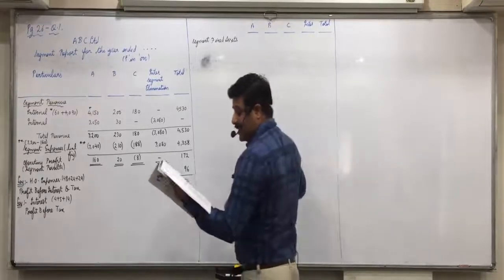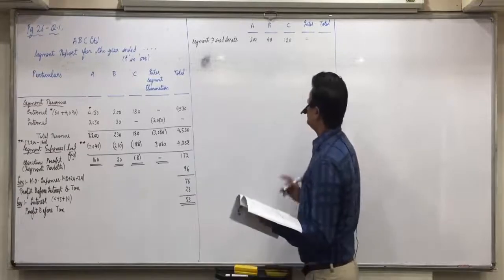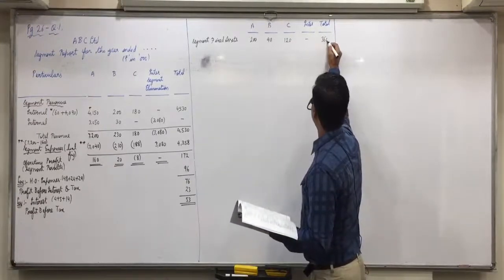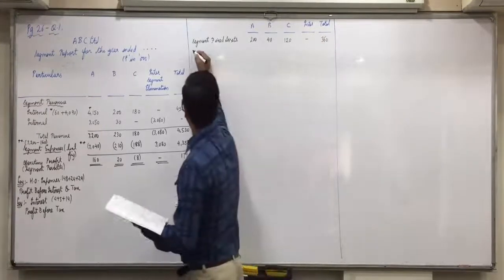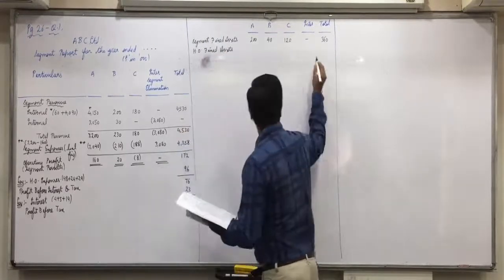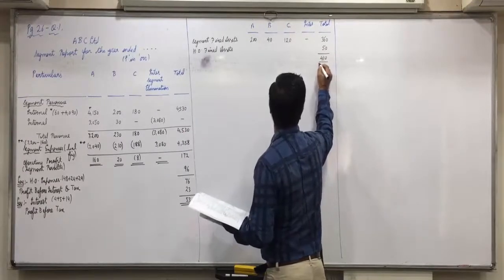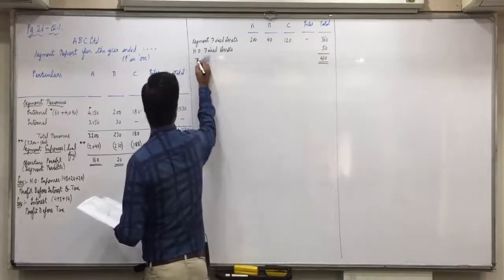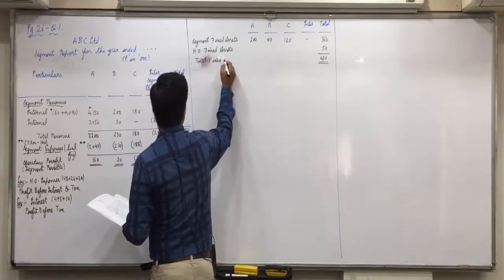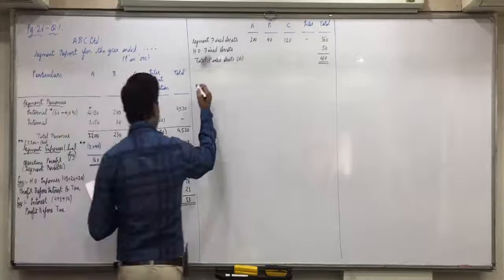What are the segment fixed assets? 200, 40, 120, 200 plus 40, 240 plus 120, 360. And head office fixed assets. What is in the column of head office? Do you all find 50? So 410 are total fixed assets in bracket A. Any confusion in this?